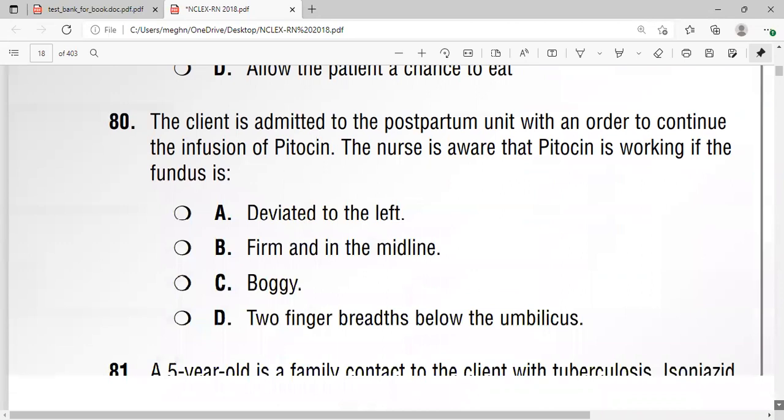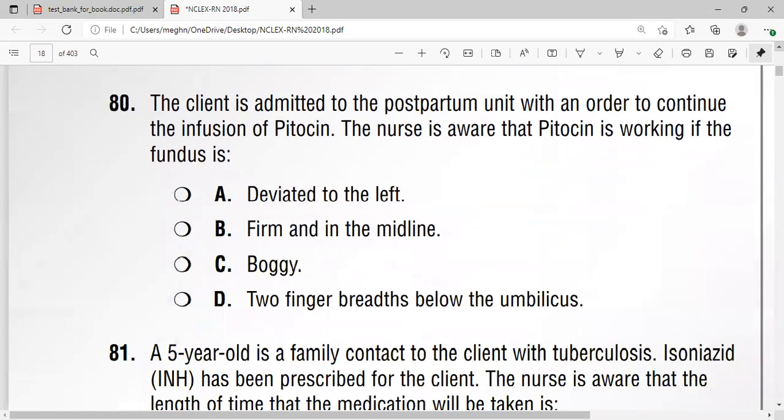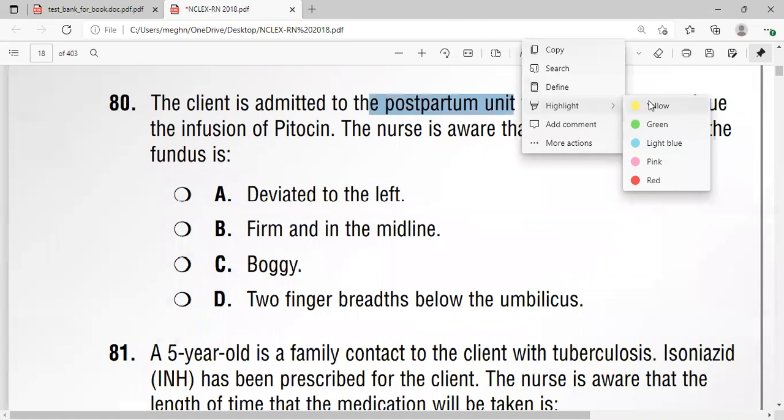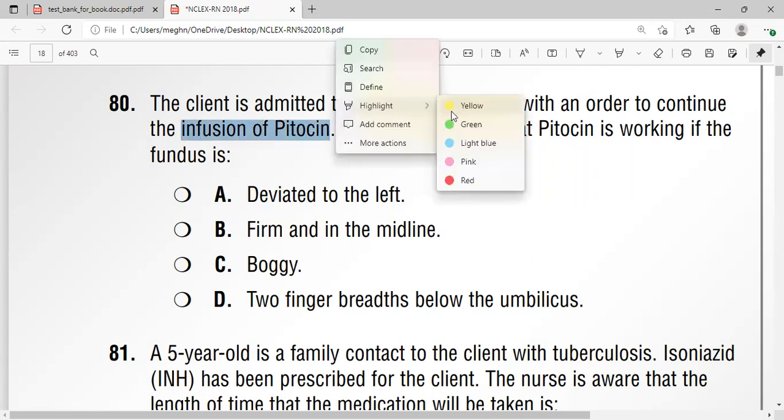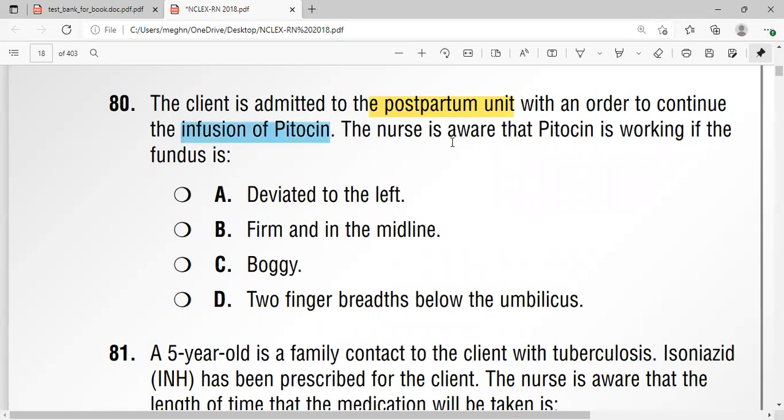What next? The client is admitted to the postpartum unit, which means after delivery of the baby and placenta, the recovery phase, with an order to continue infusion of Pitocin.